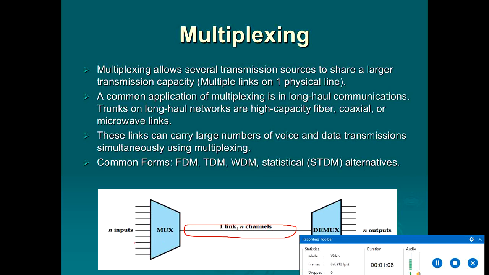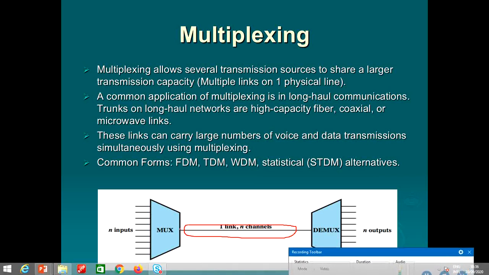So I repeat it again, the process of combining the signals, analog or digital, from the various users into one signal and then sending that combined signal on the shared transmission medium is called multiplexing. Multiplexing is done by a device called a multiplexer, and the opposite of multiplexing is demultiplexing.